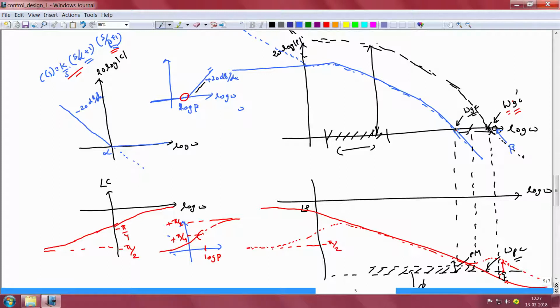Next we added a 0 at omega equal to beta, and the reason we added this 0 was because we wanted to rescue our closed loop system from instability, because this 0 enabled us to add plus 45 degrees phase in its vicinity.